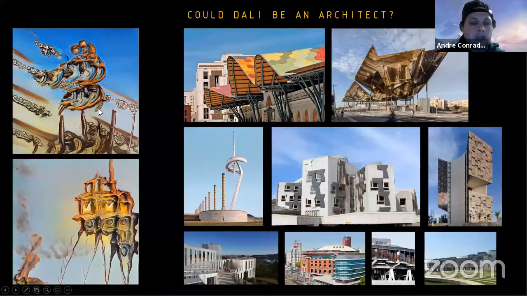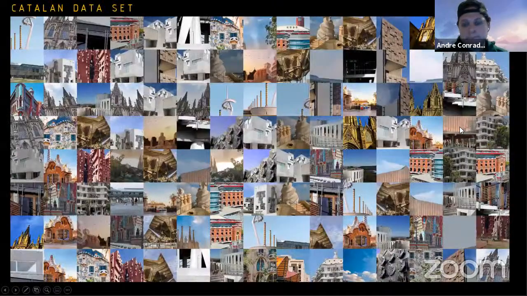I used that trained set to then create images from Catalan structures in Barcelona, everywhere from Enric Miralles to Gaudí. So it's a mixture of both contemporary and traditional architecture of Barcelona.